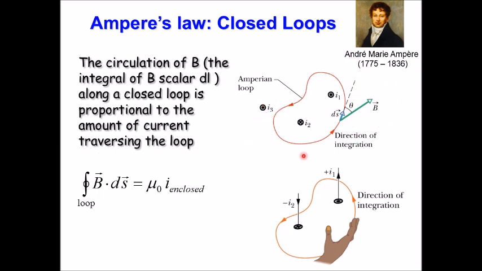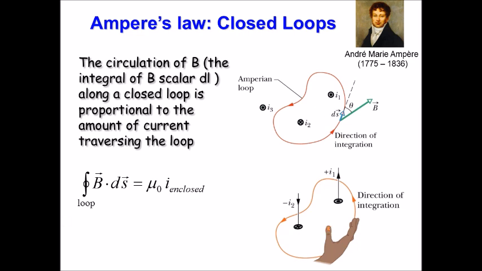counterclockwise here, for example. So you put your fingers pointing in the direction of integration, and you will see that your thumb is out of the page. Any current that is out of the page will be counted positive. Any current that is in the opposite direction of your thumb will be counted negative.